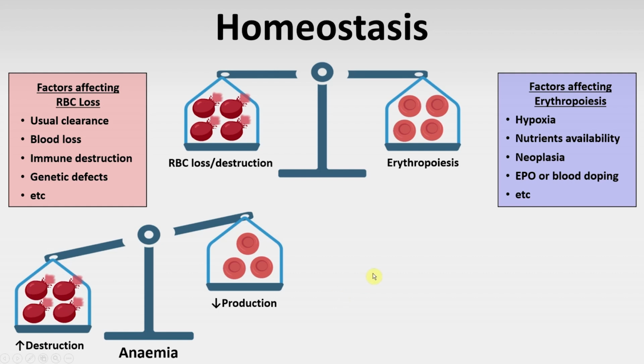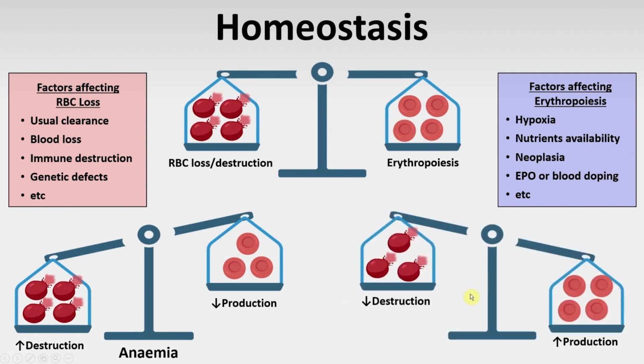Or on the contrary, if there's more production of red blood cells compared to the rate of loss, that's when polycythemia happens, too many red blood cells. This condition is quite rare. It happens when there's neoplasia, for example, or when there's artificial blood doping, where EPO is artificially injected into the body. But for this particular recorded session, most of our focus will be on anemia itself.